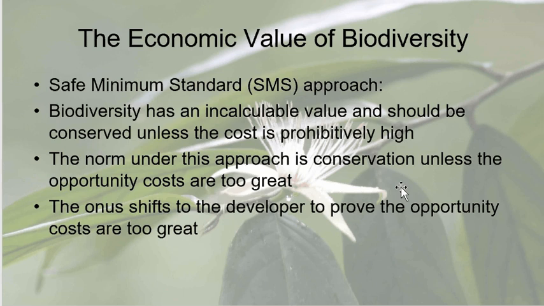So we need to try and preserve them. We look at these plants and animals and ecosystems as if they do produce water for everybody and they will produce water in the future. And if you do that, you will see that biodiversity has an incalculable cost. It's priceless, and therefore it should not be destroyed.